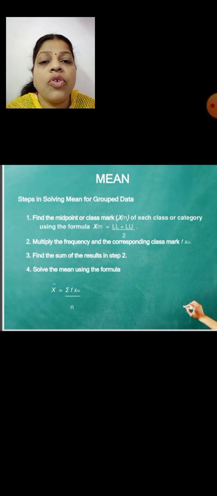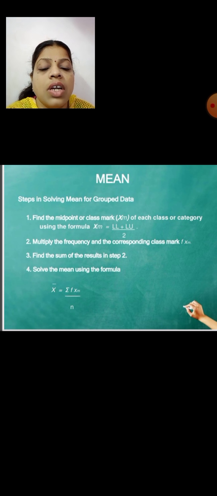First of all, we have to find the midpoint or the class mark of each class or category using the formula xm equals L plus Lu by 2. Then multiply the frequency and the corresponding class mark. Find the sum of the results in step 2 and solve the mean using the formula: x bar equals sigma fxm by n.